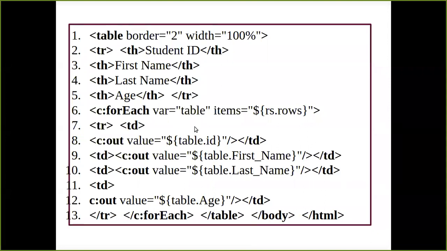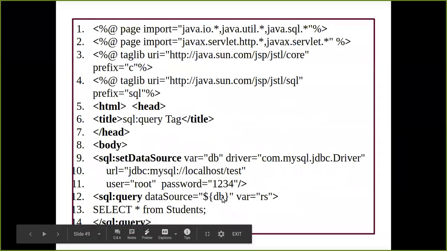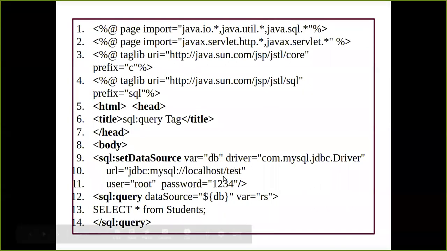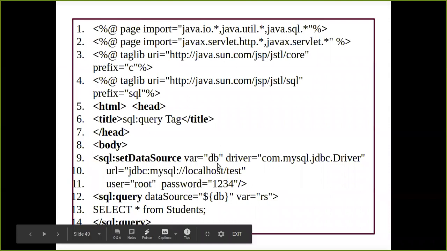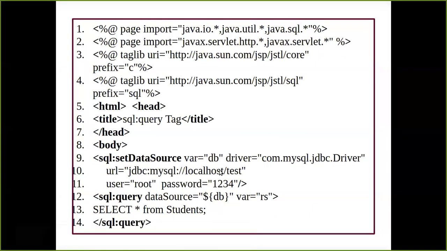This table variable is holding the values of id, first name, last name and age in row wise form, which is coming when I call the variable called rs. That variable is holding the value from the database, and whichever database I'm trying to find, I have kept it in a variable called db.